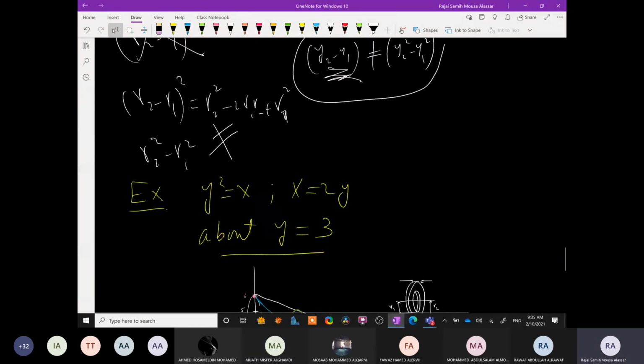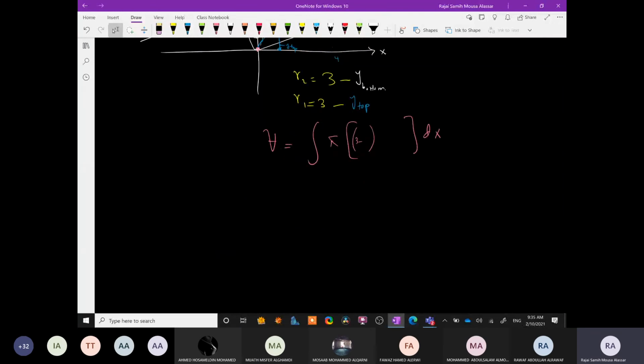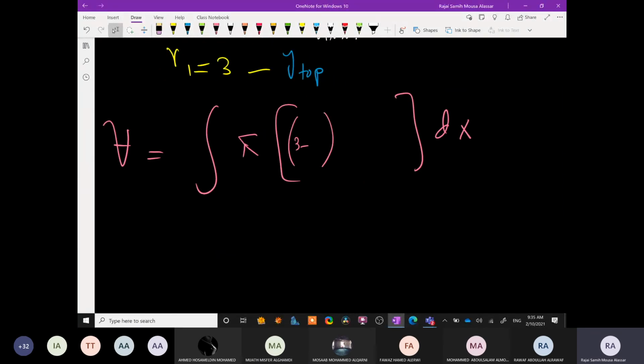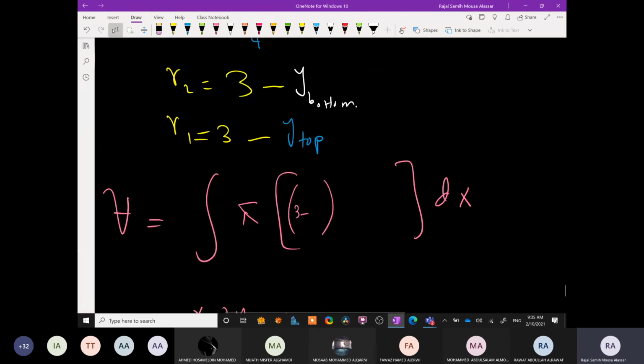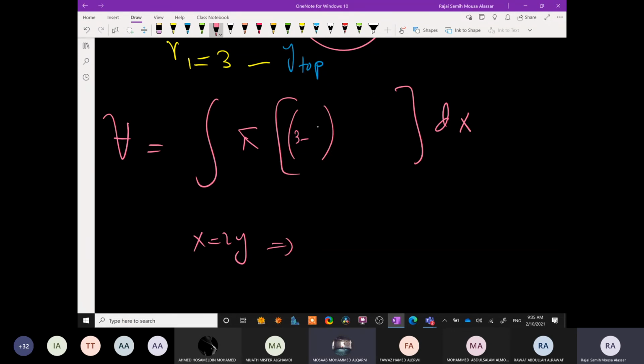Because x is equal to 2y, this is the bottom function, so the y of this bottom function is x over 2, because we are integrating with respect to dx. All of that is squared.